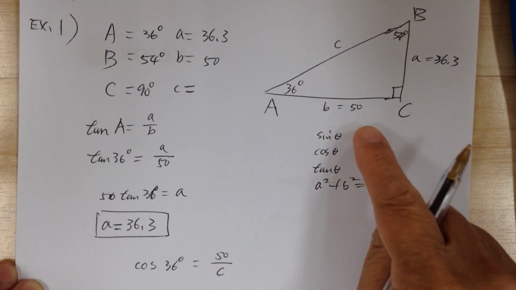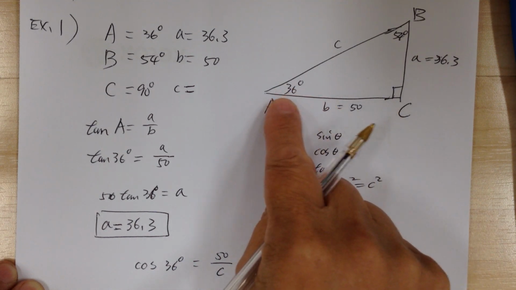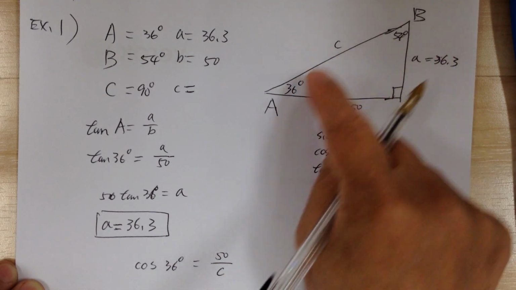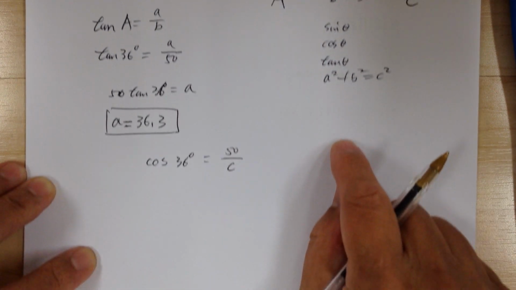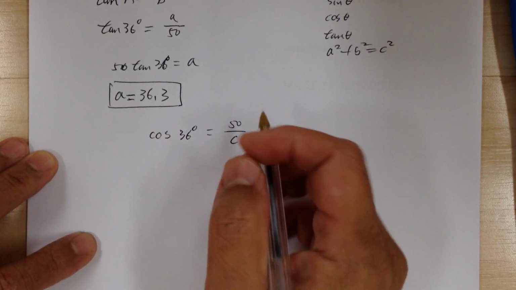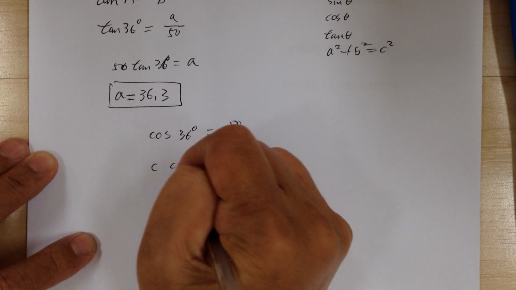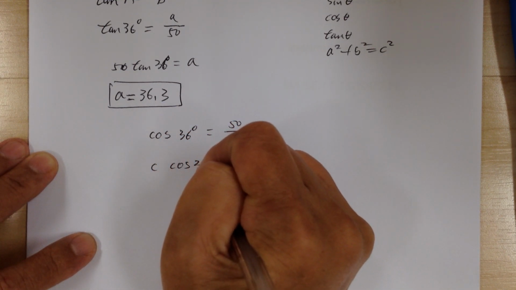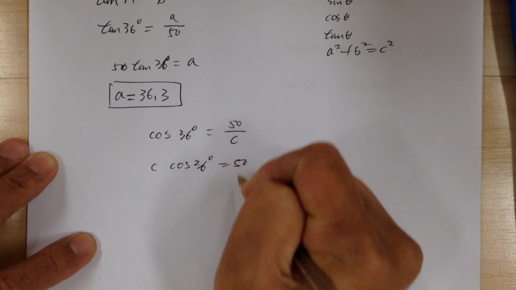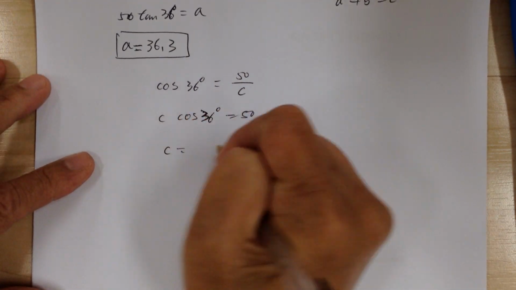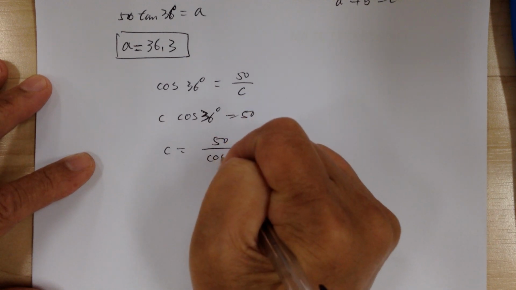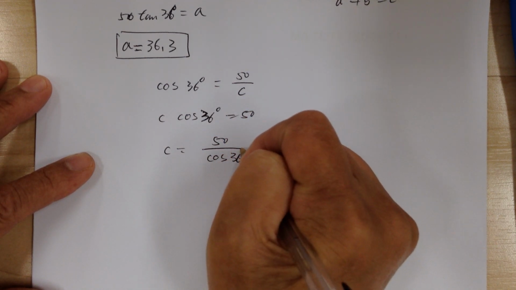Again, cosine of the angle is adjacent over hypotenuse. So cross multiply: c cosine of 36 degrees equals 50, and then you divide. So c equals 50 divided by cosine of 36 degrees.